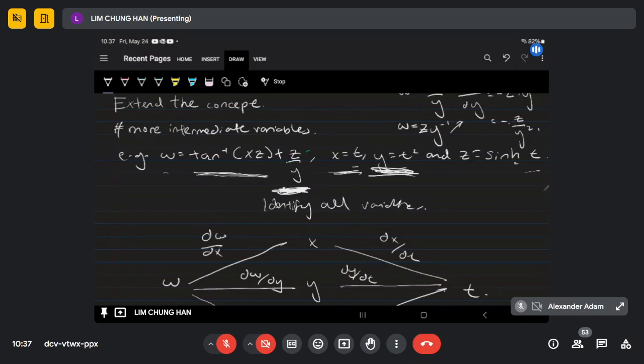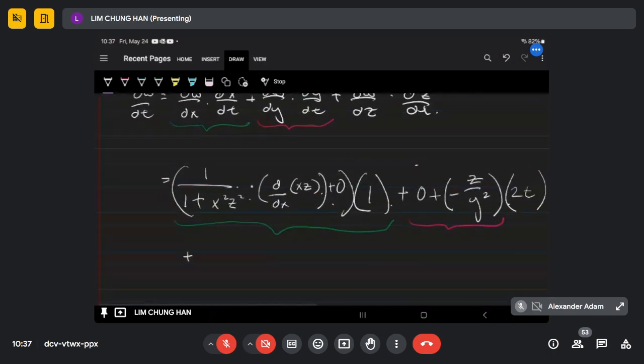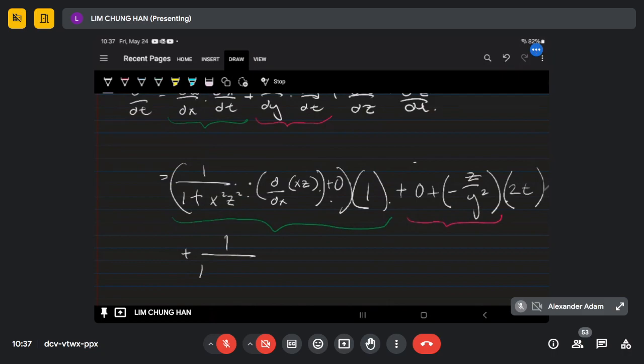Okay, and finally, we go back to w again. This time z is the variable, x is the constant. Okay, so same: arctan, so 1 over 1 plus x squared z squared. But this time, we are differentiating against z.